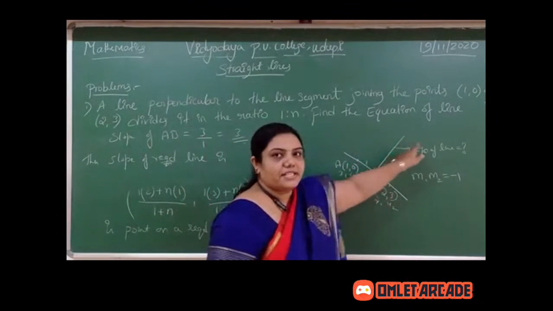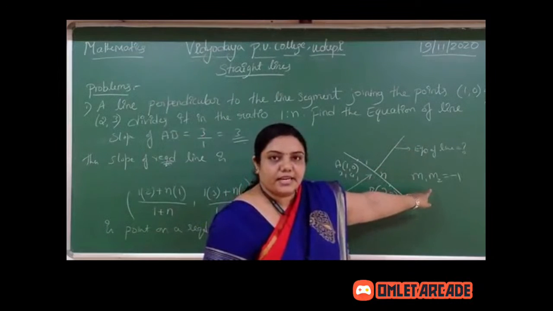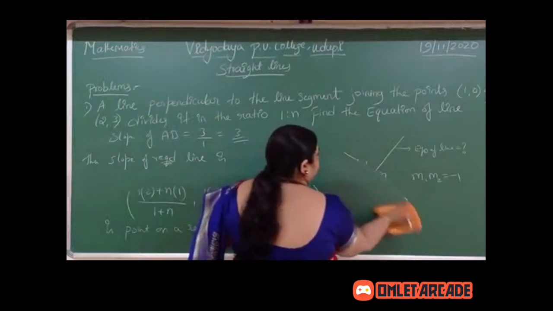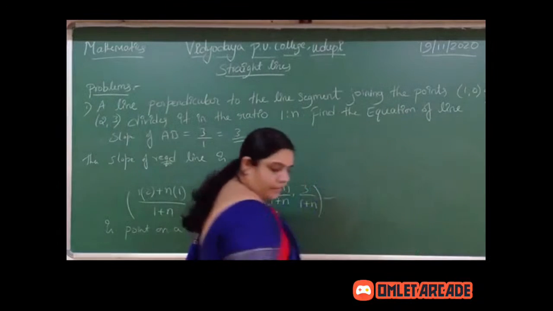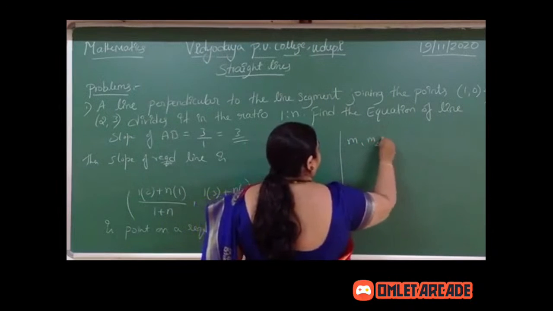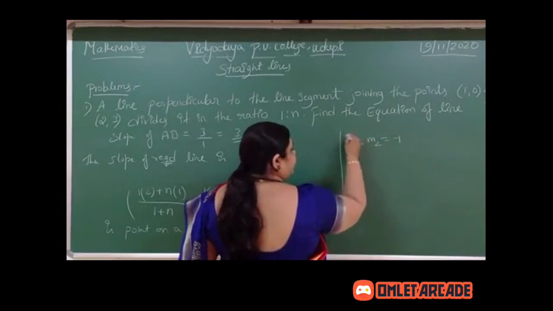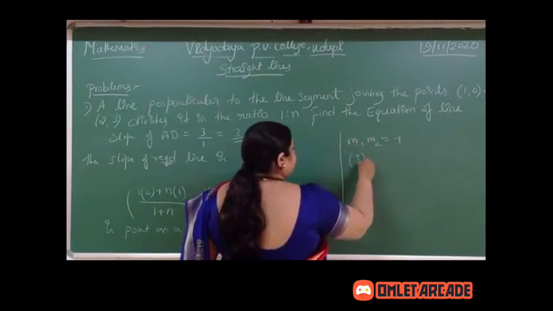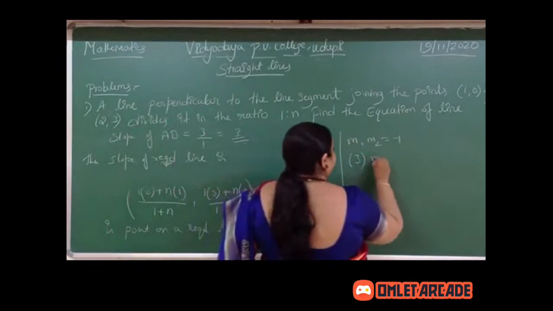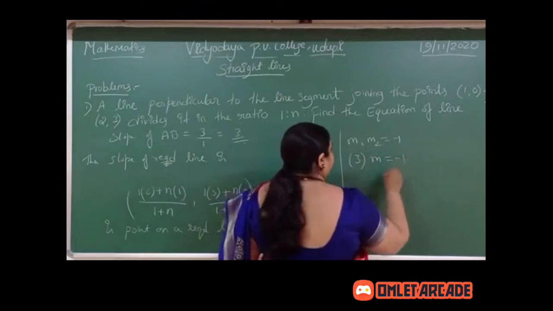Now how to find the slope of this line? Let me use this condition, okay? I'm writing this condition here. Somewhere here let me write the condition. m1 m2 is equal to minus 1. The slope of one line is known, that is 3, into this, taking it as m, equals minus 1.